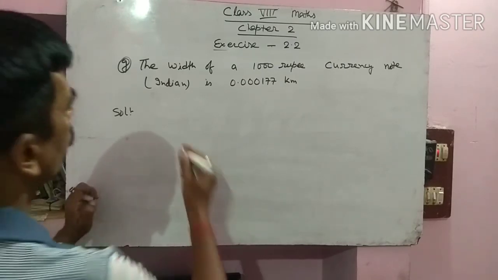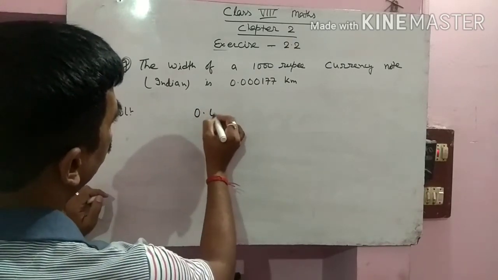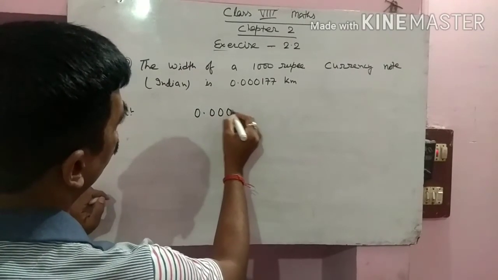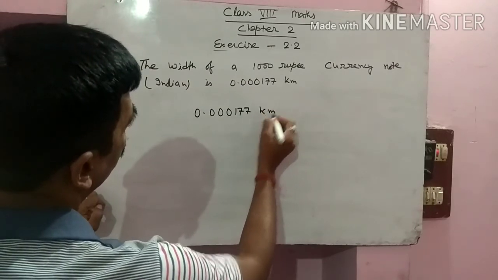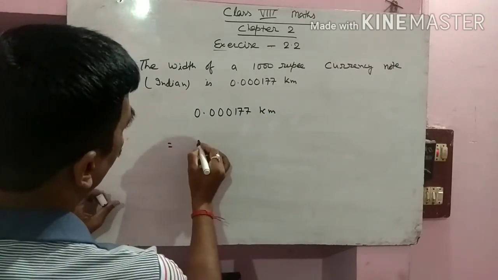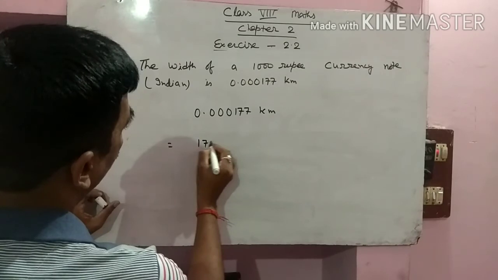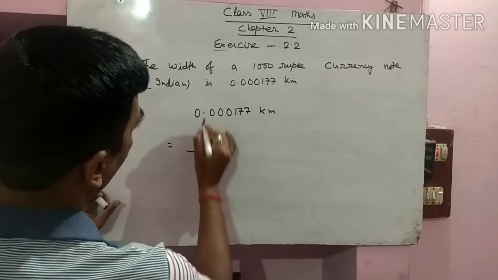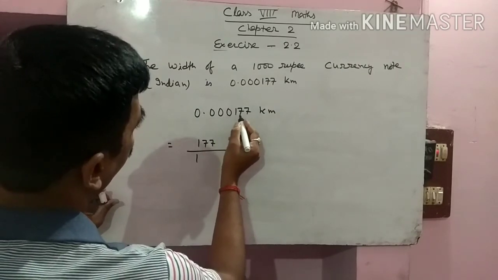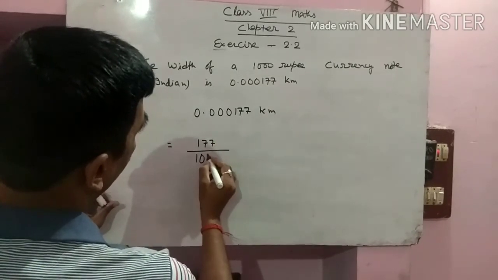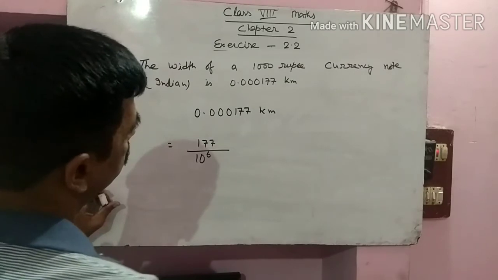So you can write 0.000177 kilometer is equal to 177 by, for the decimal put 1 and then 1, 2, 3, 4, 5, 6 zeros, so 10 to the power 6.